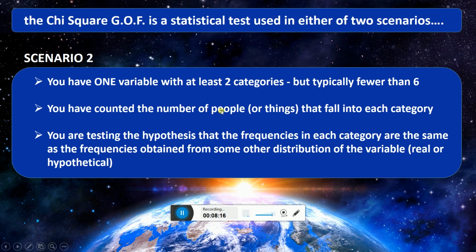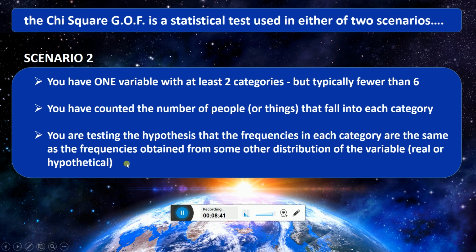You've counted the number of people or things that fall into each category. But this time, you're testing the hypothesis that the frequencies in each category are the same as the frequencies obtained from some other distribution of the variable, whether that other distribution is real or hypothetical.